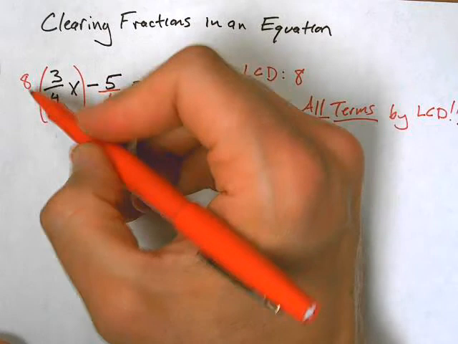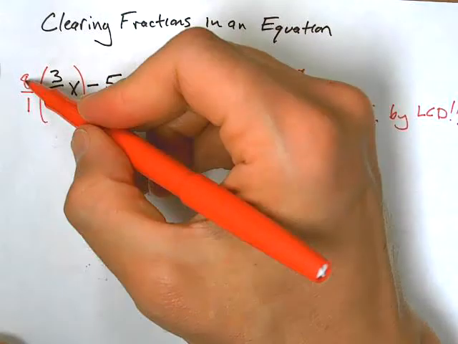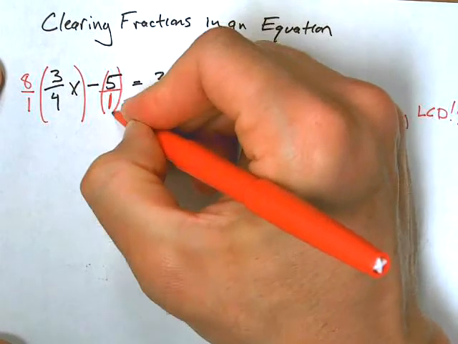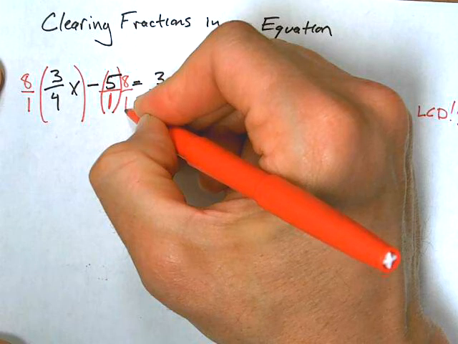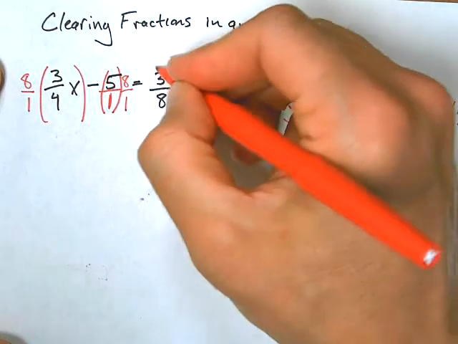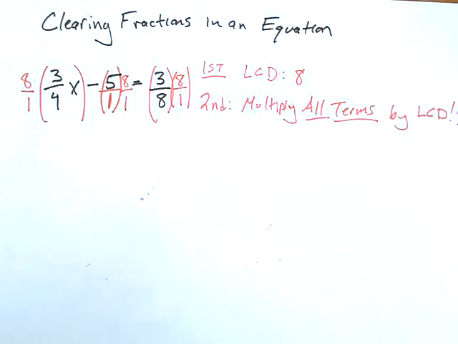And when I multiply by 8, I'm really multiplying by 8/1, right? It's not 1/8, it's 8/1 to get the number 8. I'm also going to multiply this term by 8/1, and I'm going to multiply this term by 8/1, okay? Everything in the equation has to get multiplied by 8 in order to keep everything balanced.